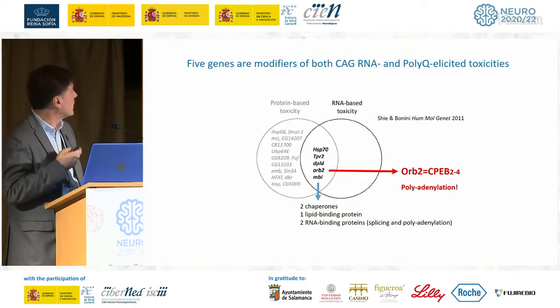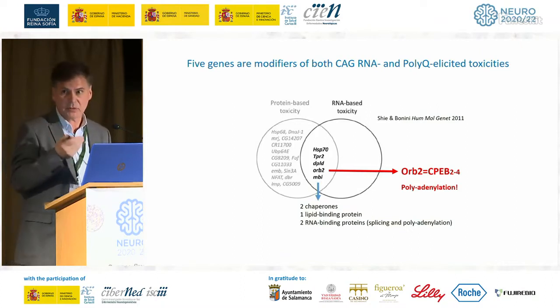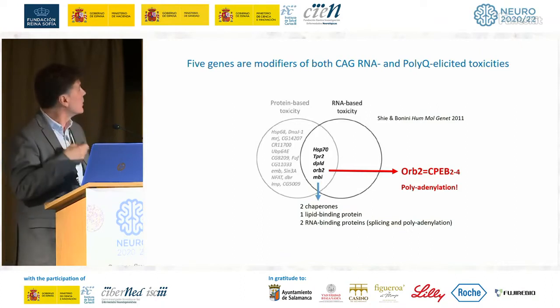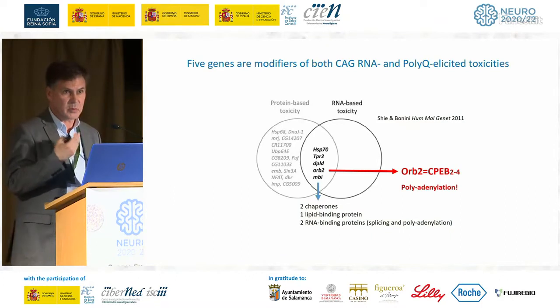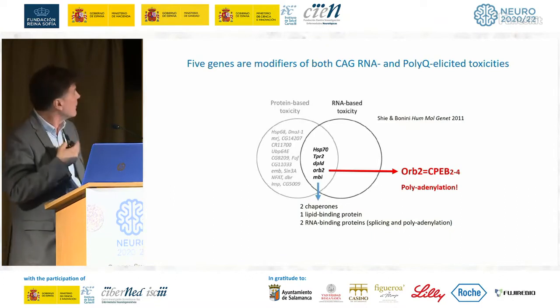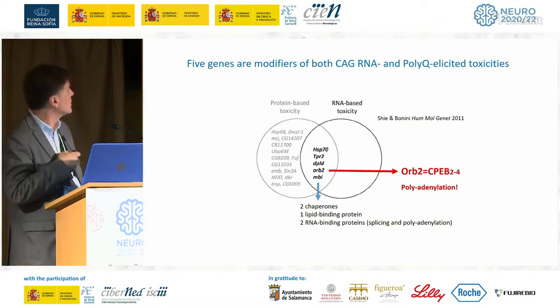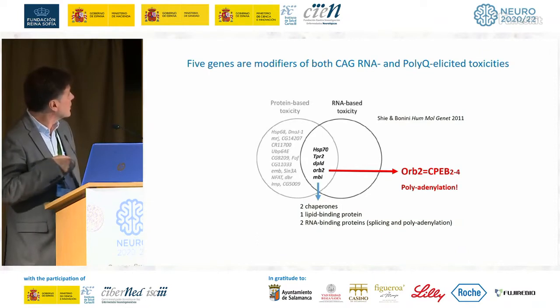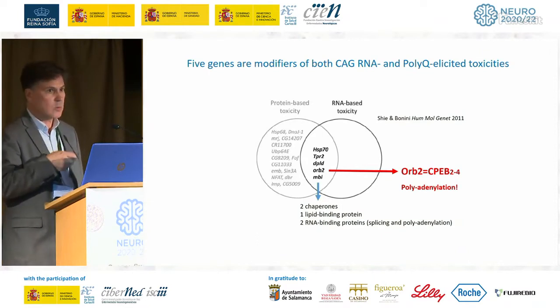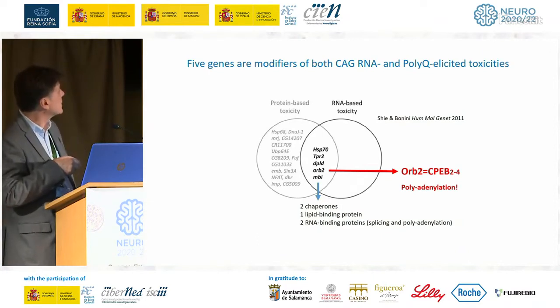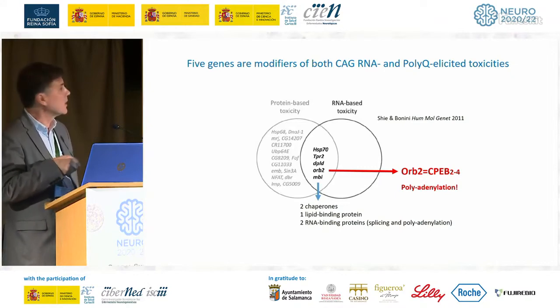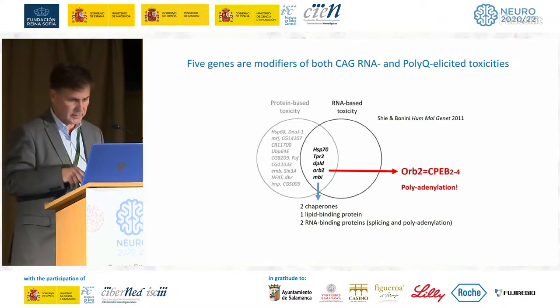There is one lipid-binding protein that maybe not so much surprise after yesterday's presentation of Tom Sudhof showing the important role of cholesterol metabolism in synaptic dysfunction. And the other 2 were RNA-binding proteins. One was a splicing factor, muscleblind, and the other one, ORP2, is a protein involved in regulated polyadenylation.